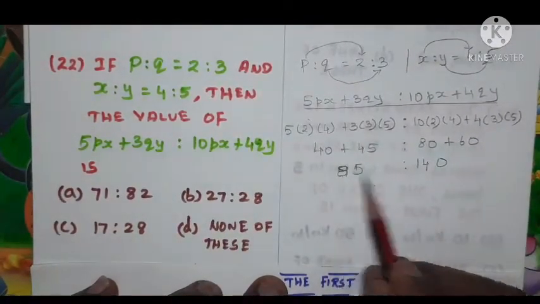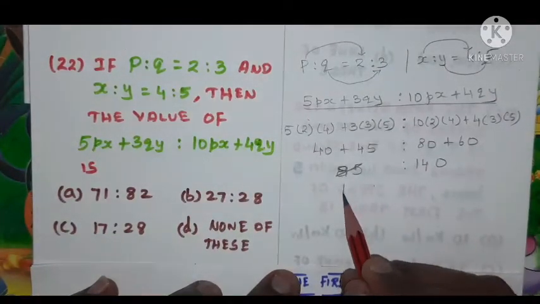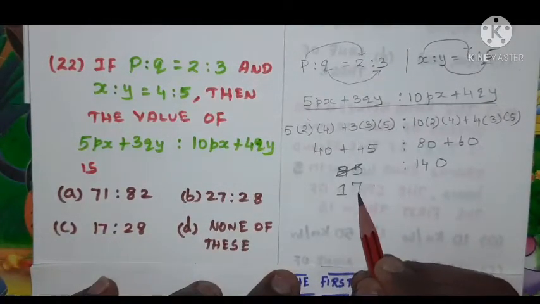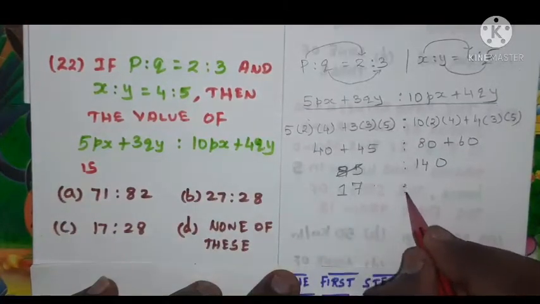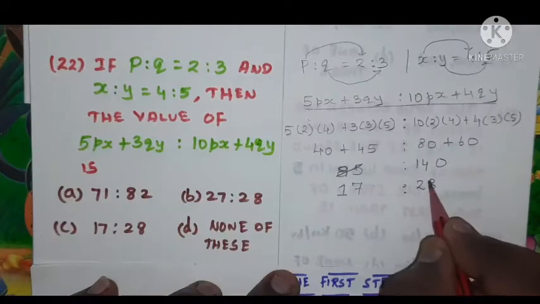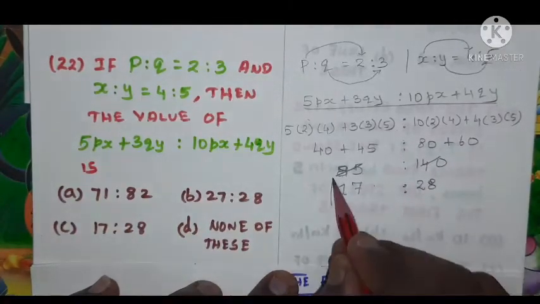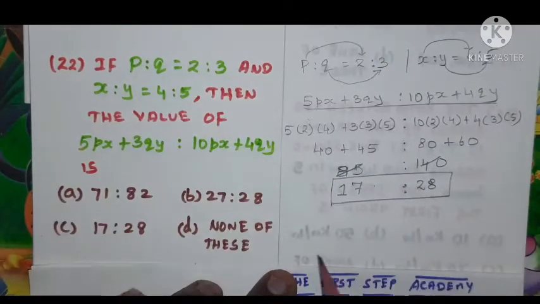Further, this 85 is to 140 can be reduced by 5: 1 5 is 5, 7 5s are 35, so 17 is to 2 5s are 10, 8 5s are 40, 28. So 17 is to 28 we got as the answer.